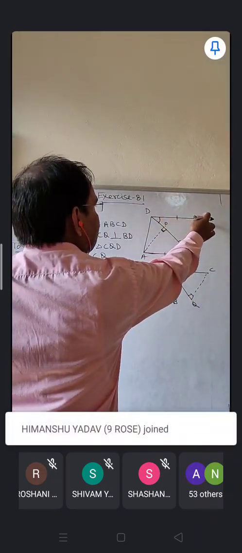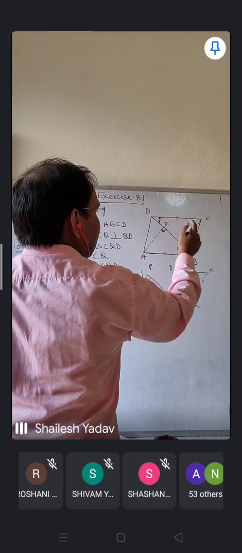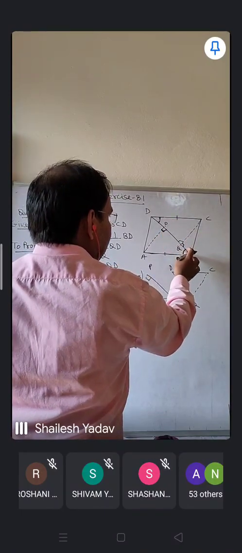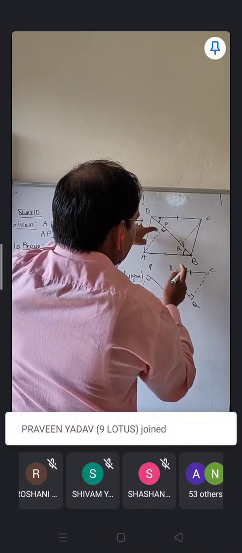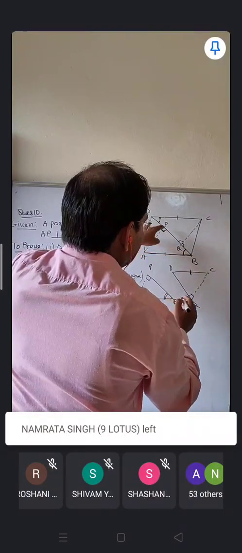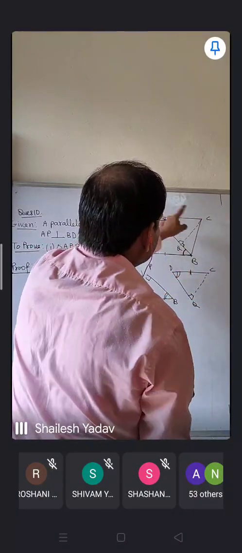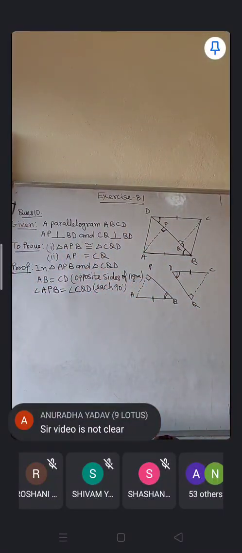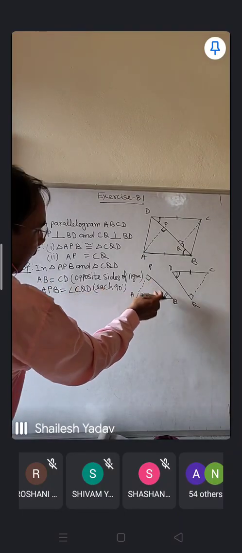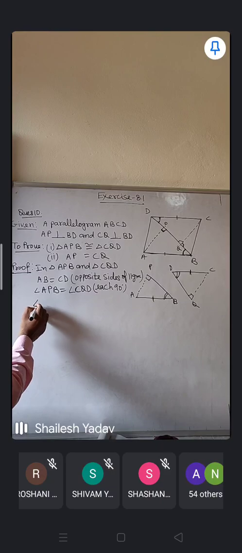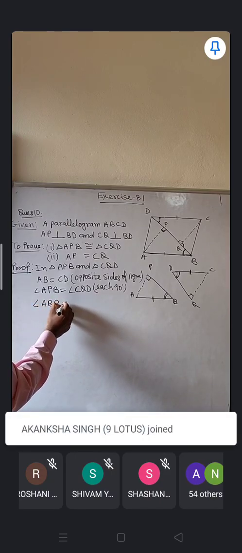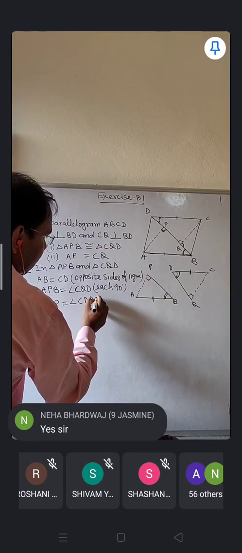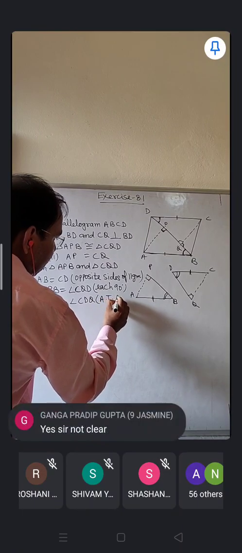Angle CDQ is part of angle D, and angle ABP is part of angle B. So both are equal, alternate interior angles. So you will write angle ABP equal to angle CDQ, alternate interior angles.